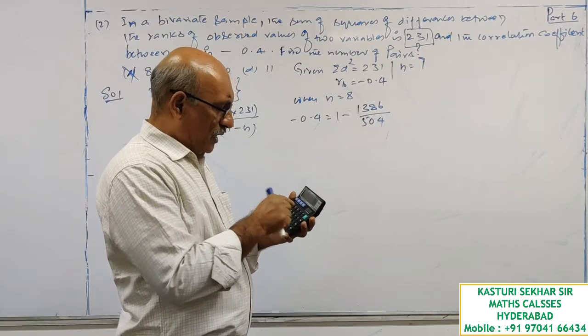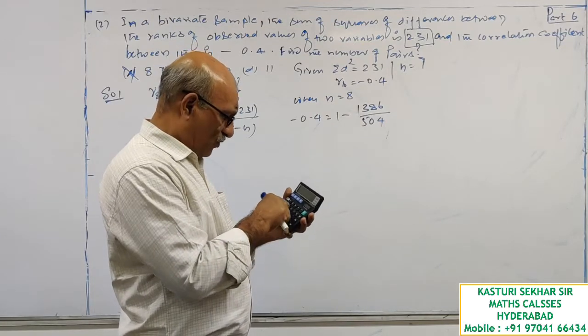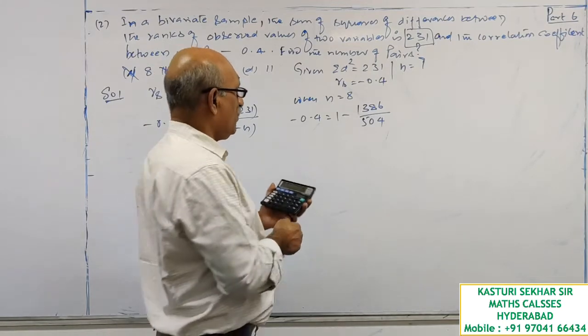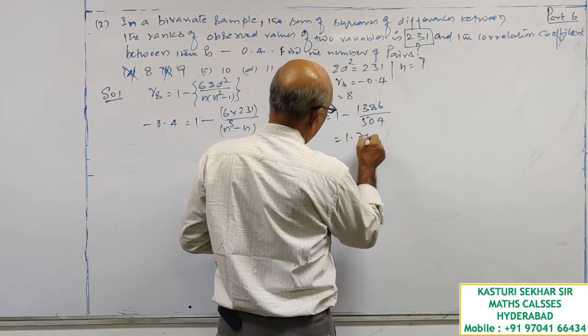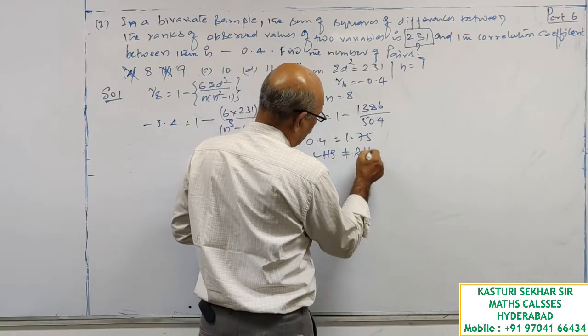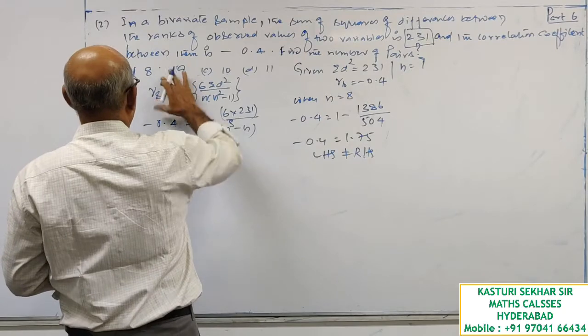1386 divided by 504, minus 1, is minus 1.75. LHS is not equal to RHS. So option A is not the answer.